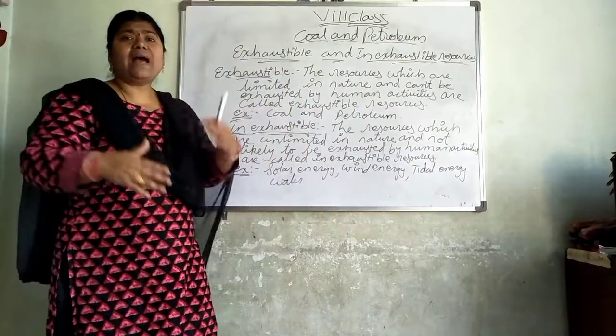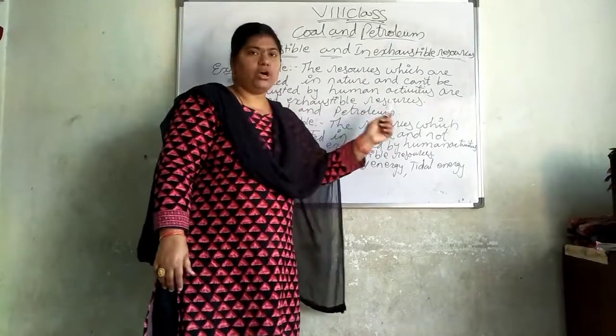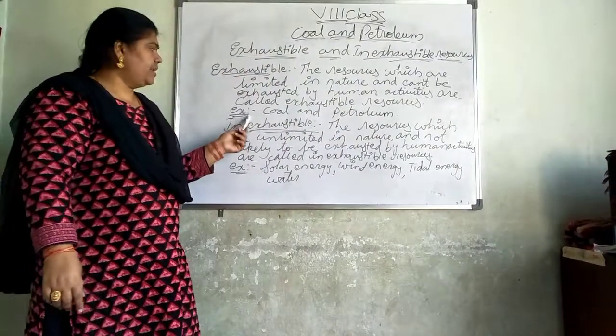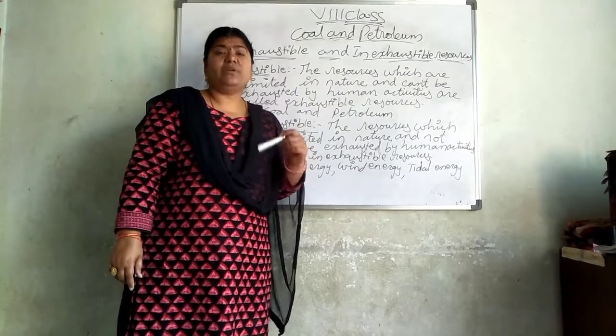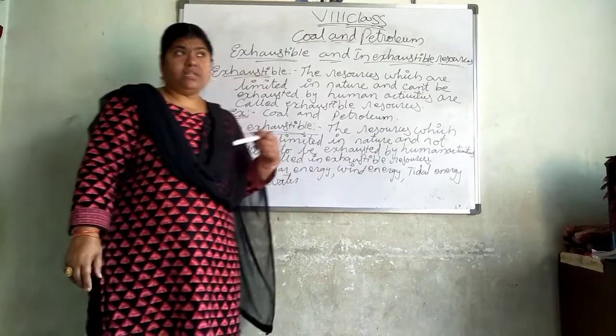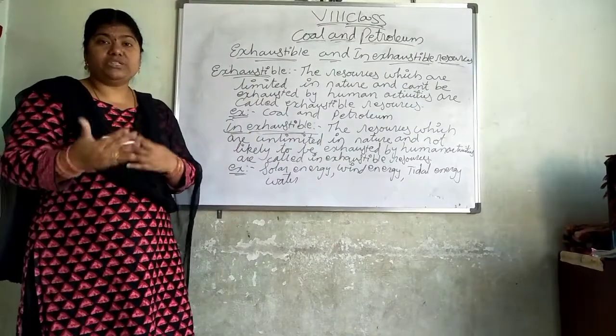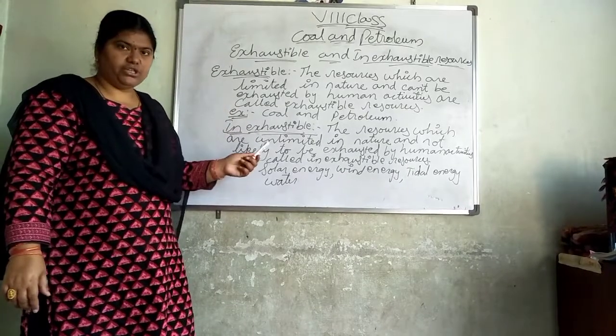Example, coal and petroleum. These are fossil fuels, obtained from the dead and decaying parts of plants and animals. When we discuss coal and petroleum you will know more. Let us first know the definitions.